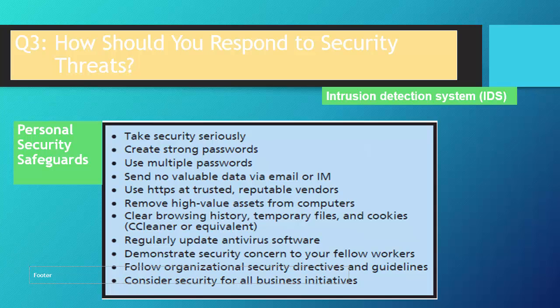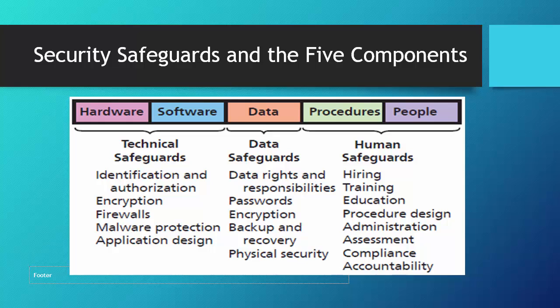So as we look at the five components of a system, that is, hardware, software, data, procedures, and people, what can we do to install these safeguards?